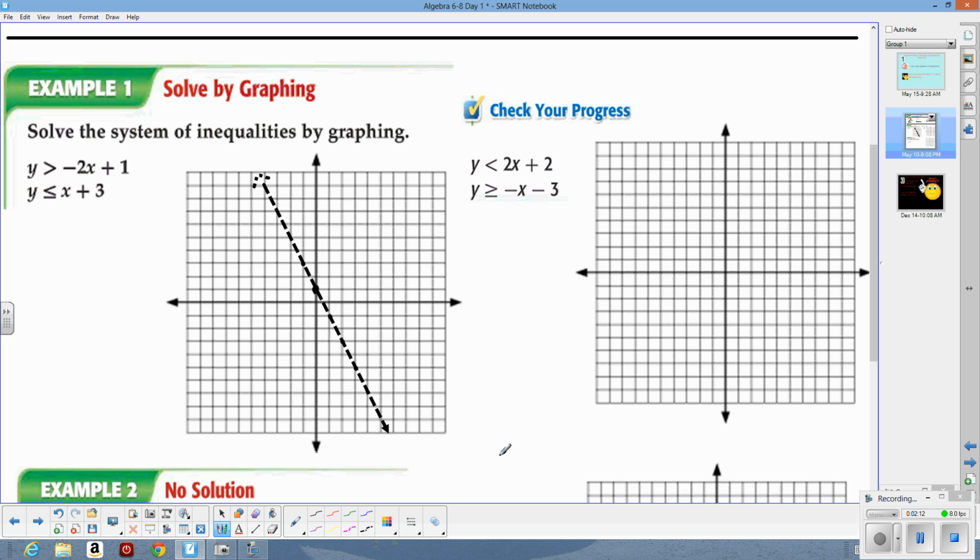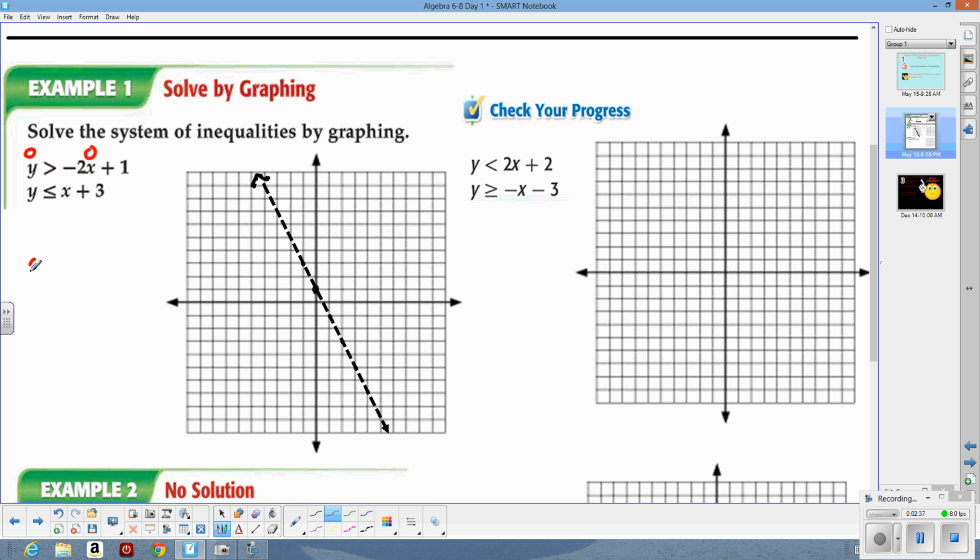Now if you remember from when we did this before, we want to figure out which side would be the solution. So we're going to test a point, and I'm going to test the point 0, 0 by plugging in 0 for x and 0 for y. Negative 2 times 0 is 0, and 0 plus 1 is 1.